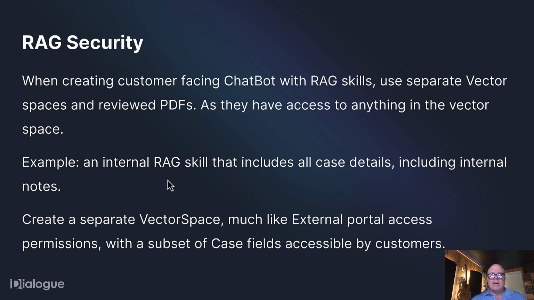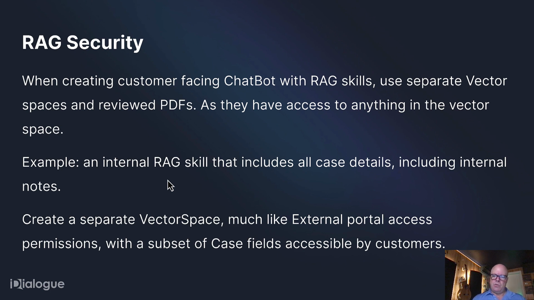Now, vector databases are totally secure from a point of view, in that there's no training on them, and that data doesn't get out. But the biggest issue with vector databases is anything within that vector is potentially accessible to the user who's interacting with it.